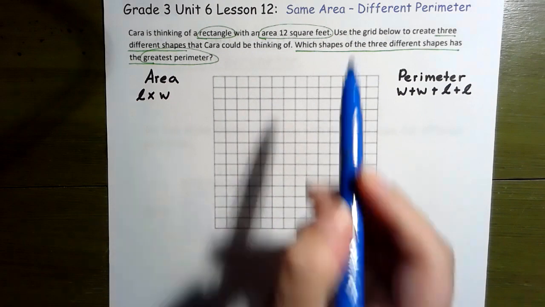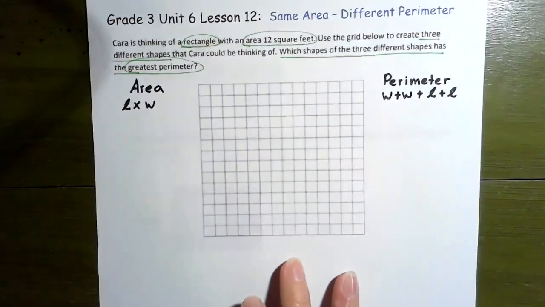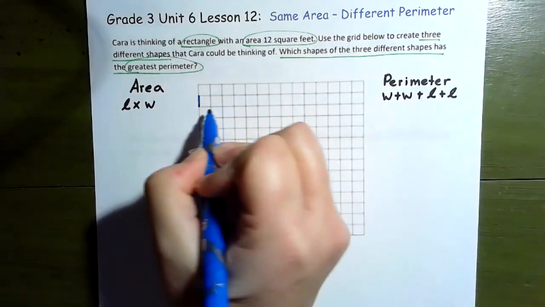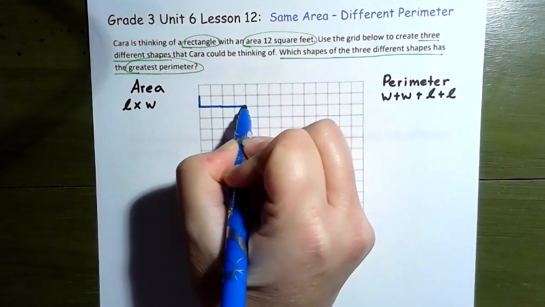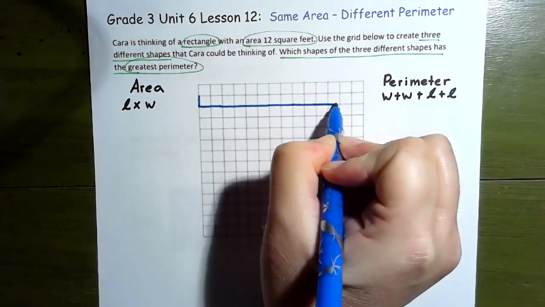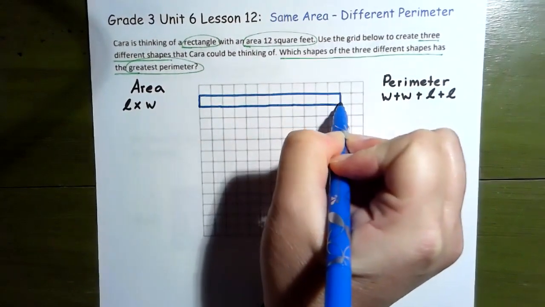So let's think about some factors of 12 and some rectangles that you might have drawn. Well, I know one way of making 12 is 1 times 12. So you might have drawn a rectangle that has a length of 1 and a width of 12. 2, 4, 6, 8, 10, 12. And it might look something like this.